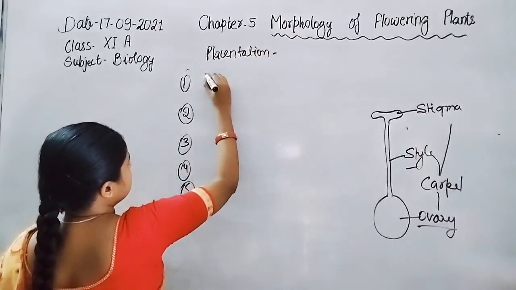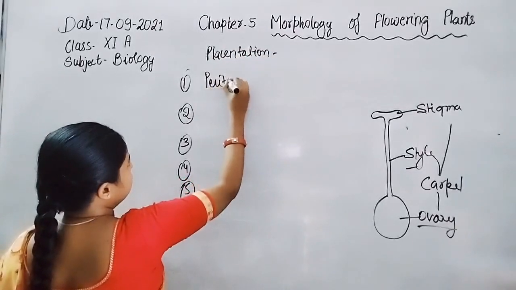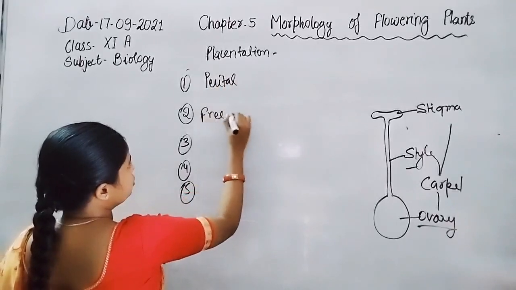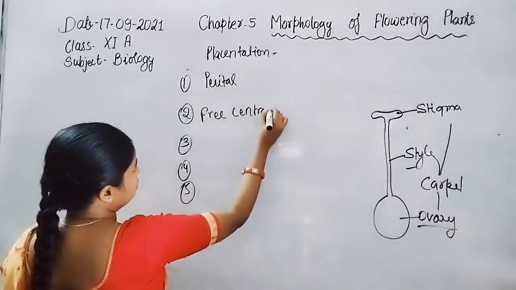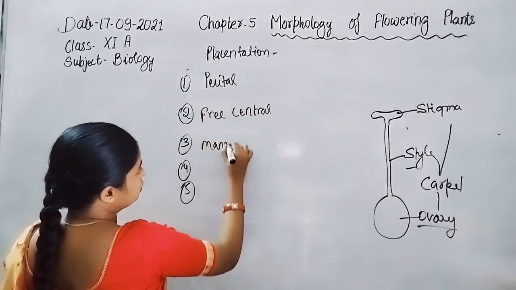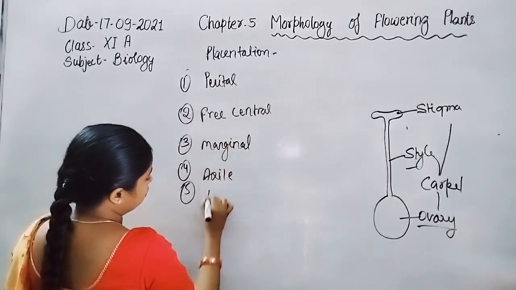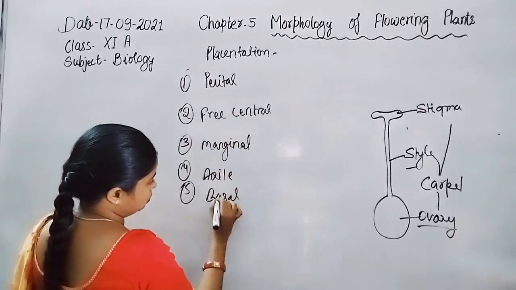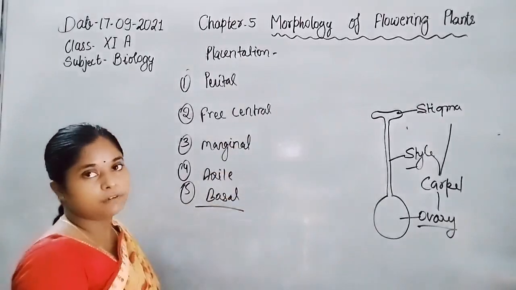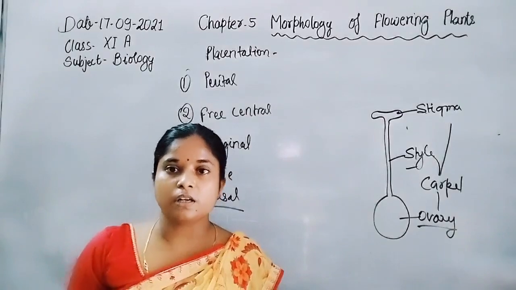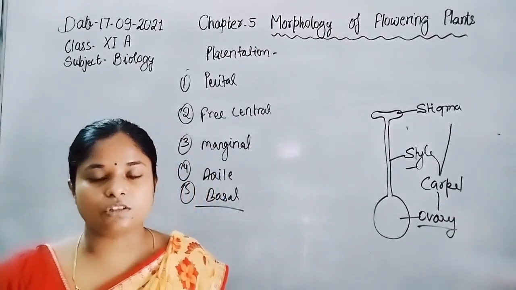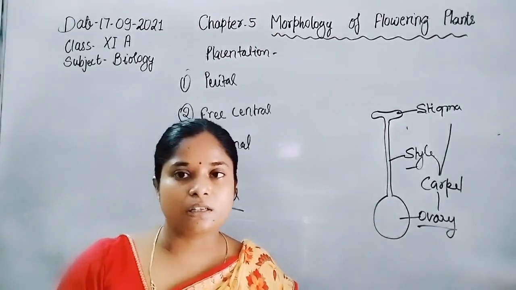First is parietal, free central, marginal, axile, and basal placentation. In the next class we will discuss placentation. I hope you like this video. Keep listening and watching me, and thank you for listening and watching me.